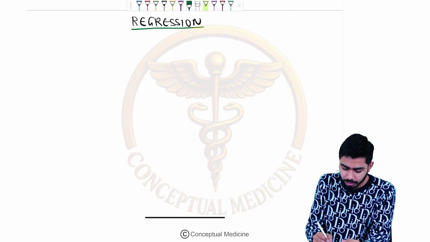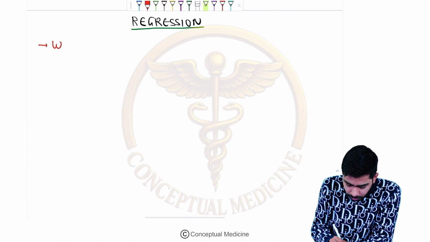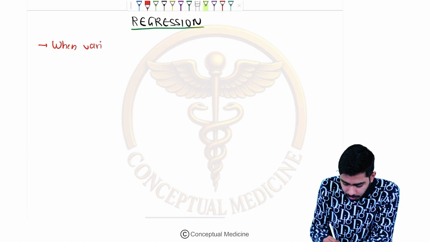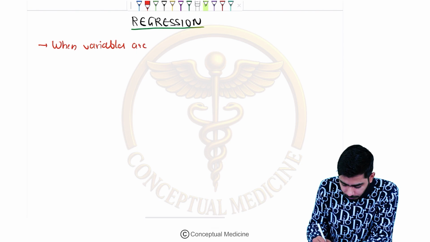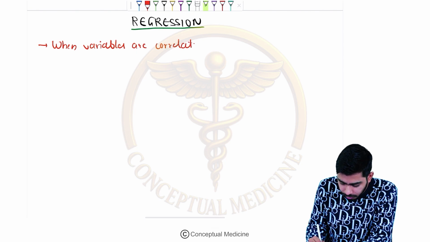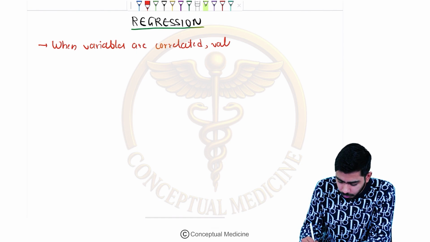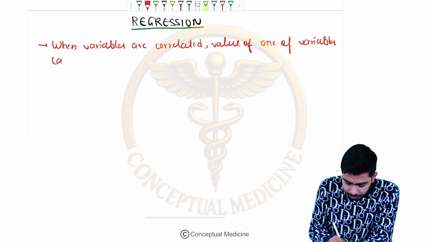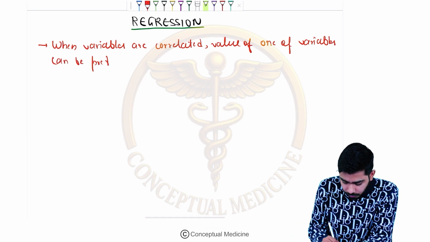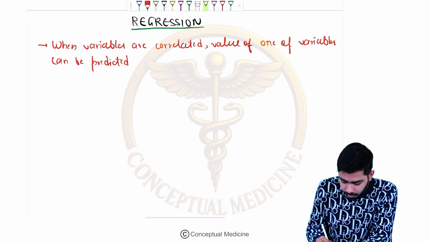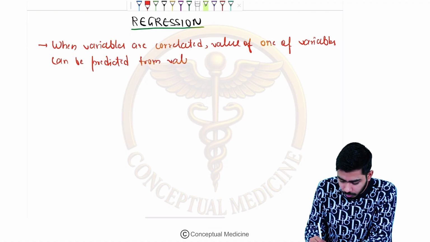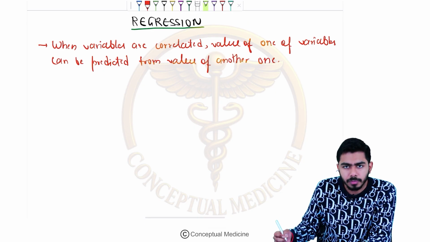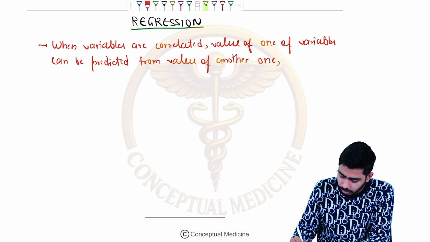What I am saying about regression is that when variables are correlated, the value of one of the variables can be predicted from the value of another one, right? And that will be termed as regression.